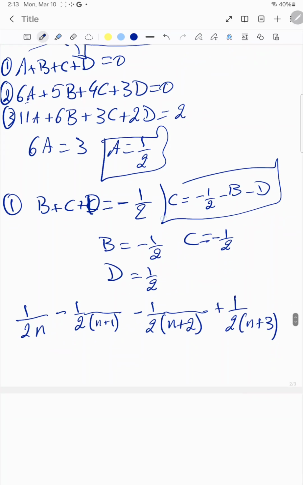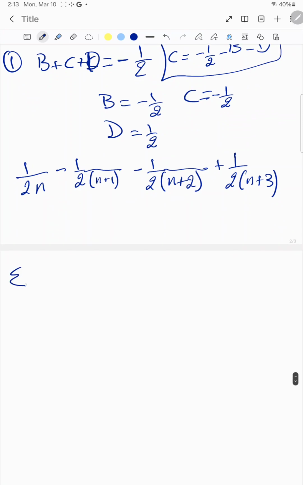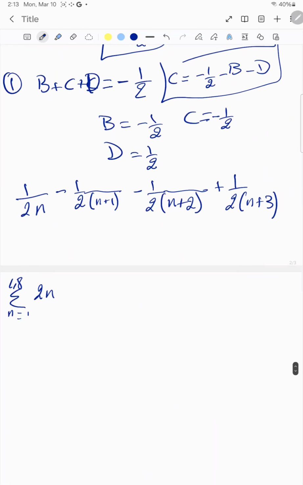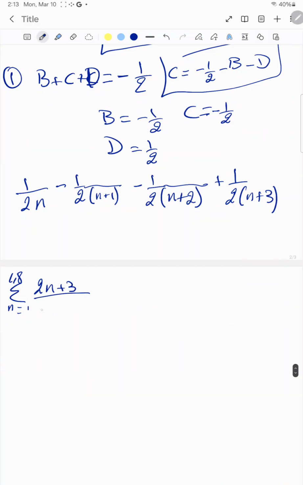So my sum, the sum n equals 1 to 48 of 2n plus 3 divided by n times n plus 1 times n plus 2 times n plus 3.